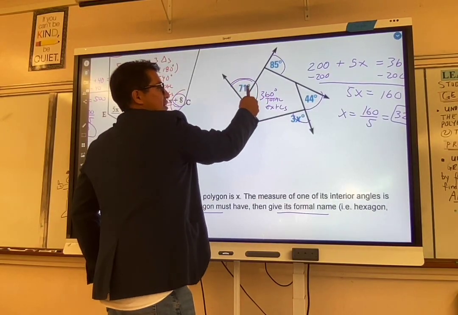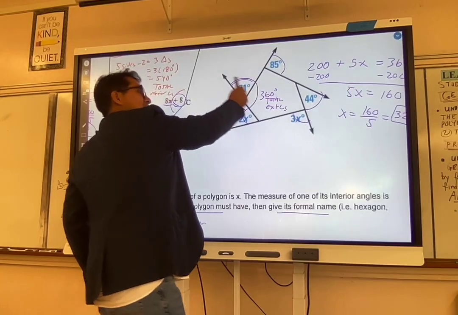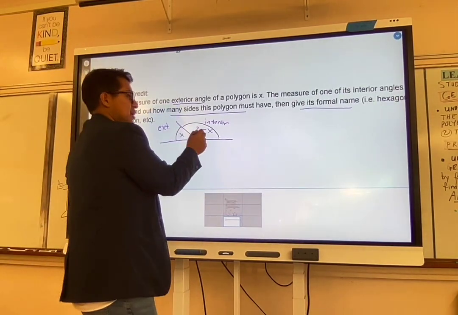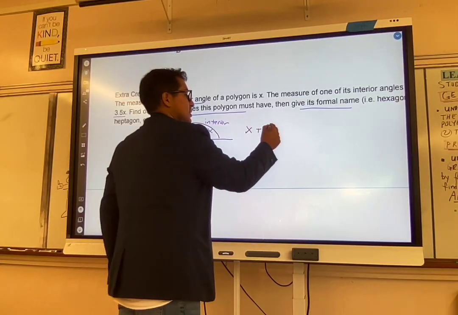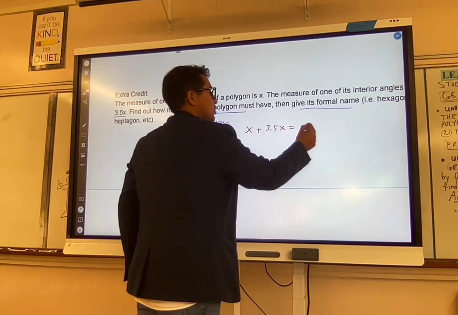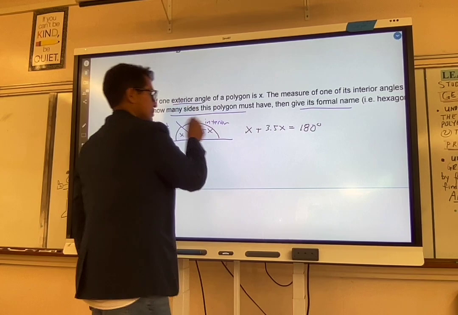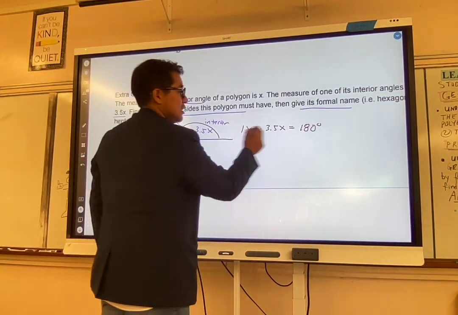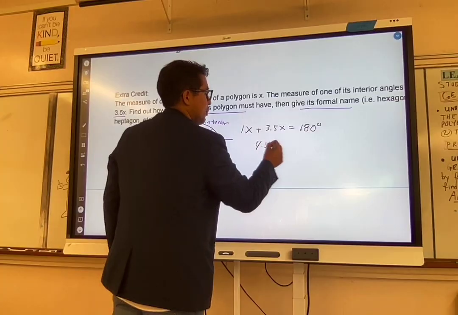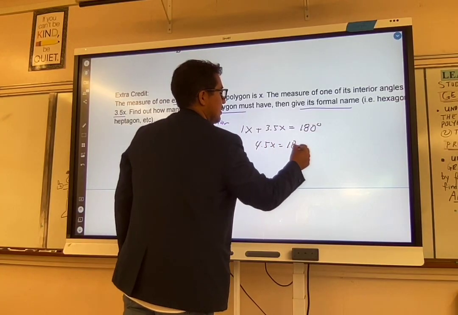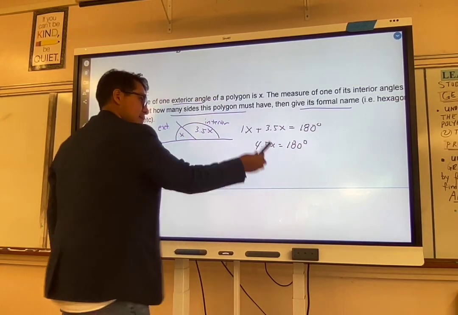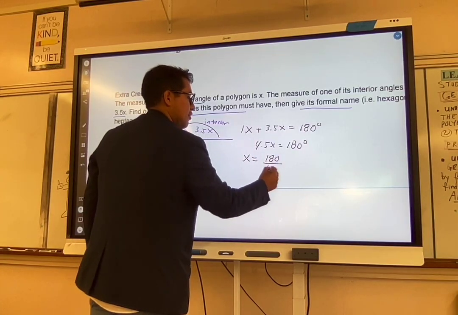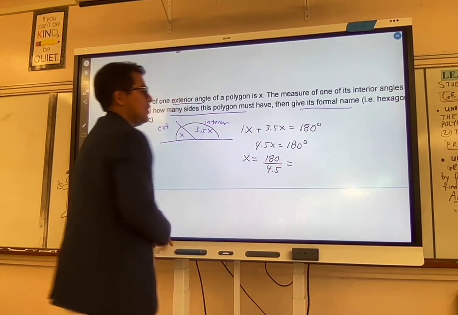So if that's 71, what goes in here is whatever helps add up to 180. So same idea here. The exterior angle plus the interior angle, x plus 3.5x, has to equal 180, right? Because it makes half a circle. Adding 1x plus 3.5x gives me 4.5x equals 180. Okay? And then from there, I can just take 180 divided by the 4.5 to figure out its value there.